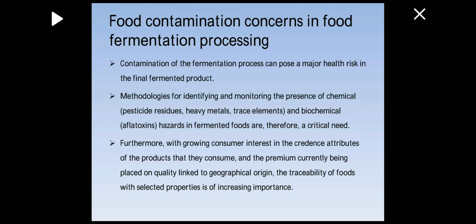So there should be a testing facility available for testing the fermented food products after they have been produced, to check whether certain chemicals are present, for example heavy metals or trace elements, because they can be toxic to the human body if consumed. Similarly, biochemical elements such as aflatoxins.